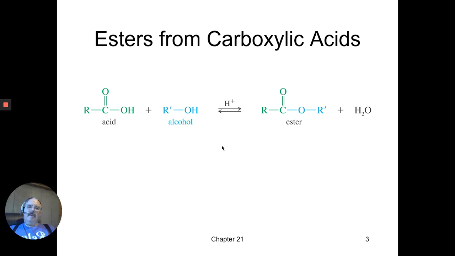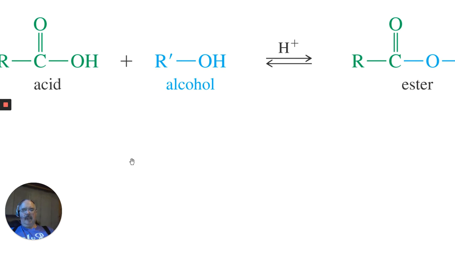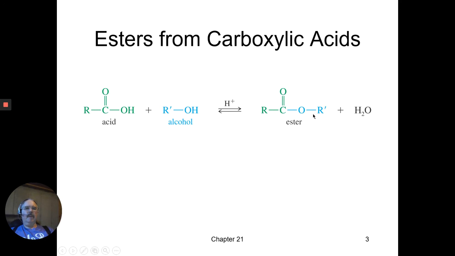Right, this is an example of a reaction that we did in lab. This was a banana oil, the isoamyl acetate. We took a carboxylic acid, which was acetic acid. We took isopentyl alcohol, 3-methyl-1-butanol, and with a little bit of sulfuric acid catalyst, we refluxed and we obtained the ester and water as a byproduct.